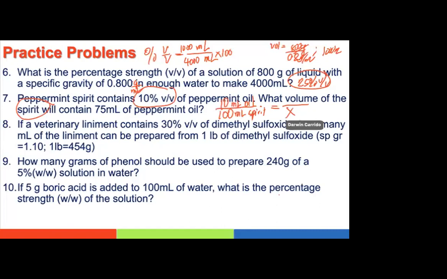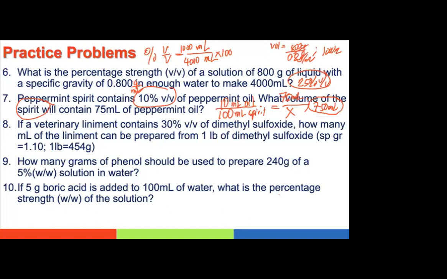Denominator. Okay? Kasi siya yung katapat ng spirit. And what is the numerator? 75 ml of oil. And therefore, what is the answer? Ayan, solve for X. 75 times 100 divided by 10. The answer is 750 ml. And tama, 750 ml.